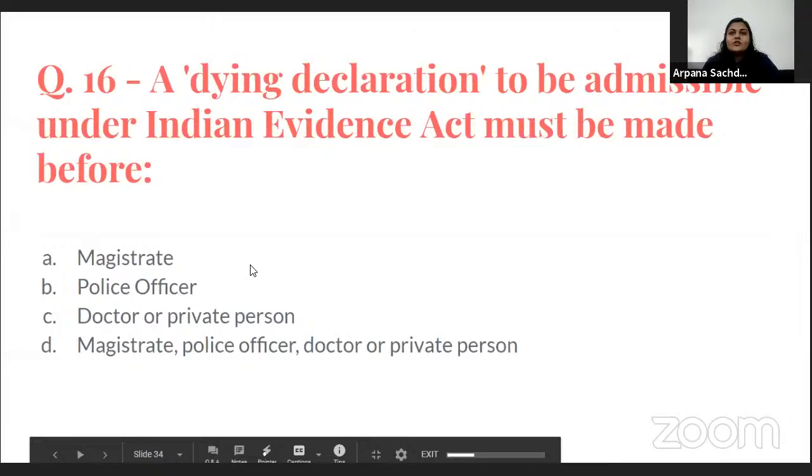A dying declaration, to be admissible under the Indian Evidence Act, must be made before: magistrate, police officer, doctor, or private person; or magistrate, police officer or doctor or private person.